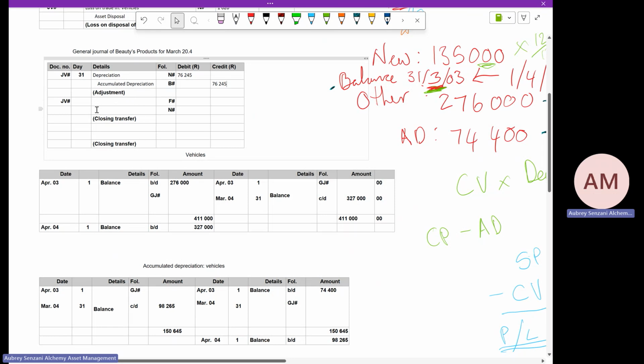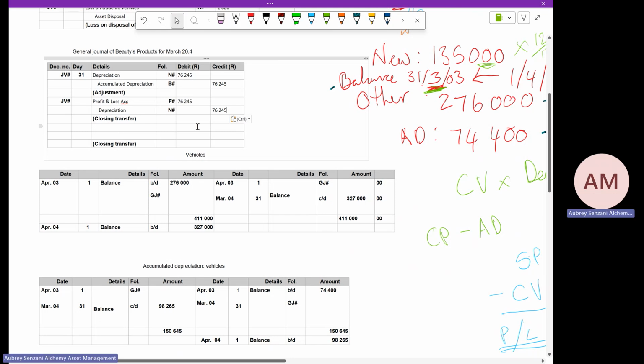Then we know at the end of the year, we obviously need to close off the depreciation. So again, that's going to be your profit and loss account, and then depreciation, we're going to credit to close it off. So take this here, copy the same amount, same amount here. Now we have another closing transfer. Why?